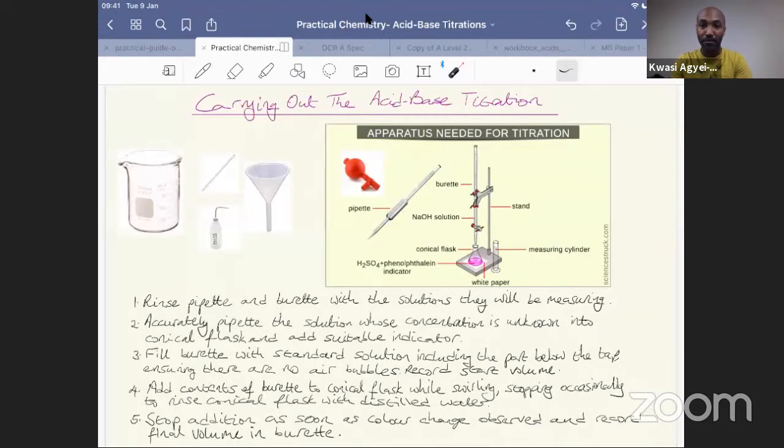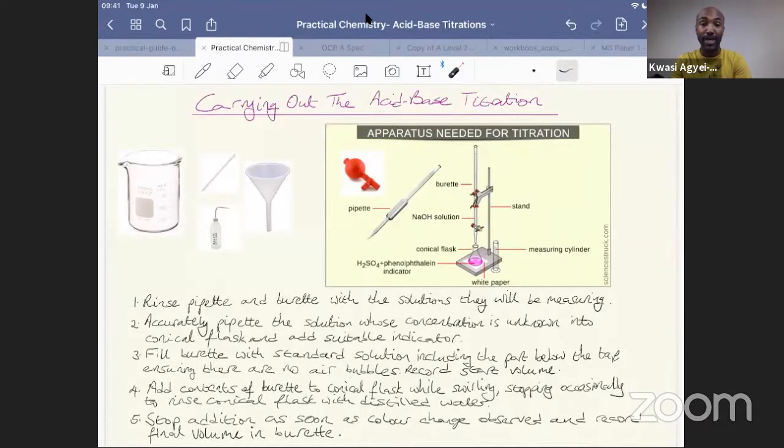Okay, so to start any titration, you do need to rinse the pipette and the burette. And the way to do that is to use whatever solution those pieces of glass are going to be measuring.